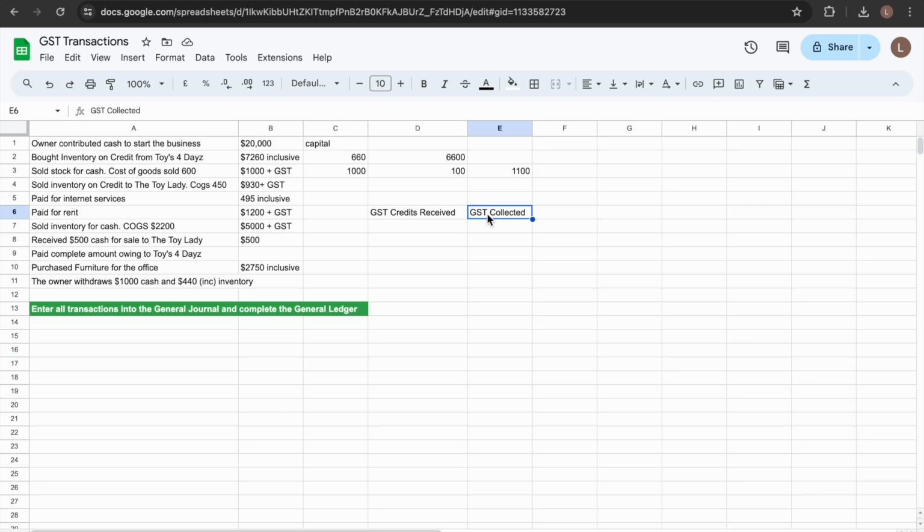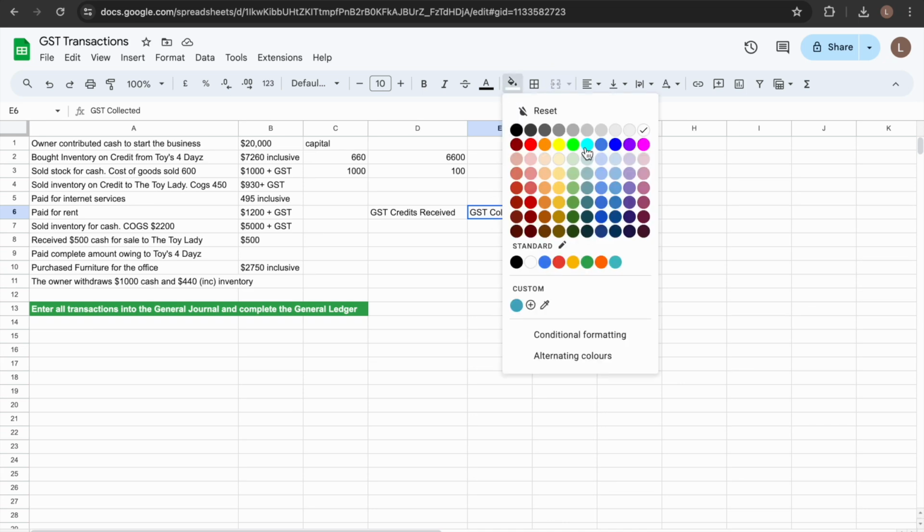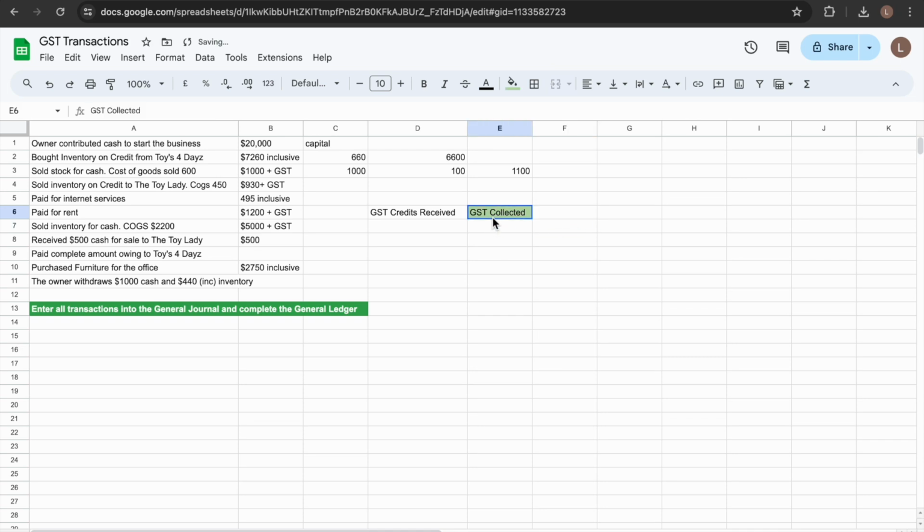The other one you will collect or accrue from selling goods or services. So, for example, if you're making a sale, the GST account that you will use will be GST collected, this one here. If you're buying, GST credits received is the one you use.